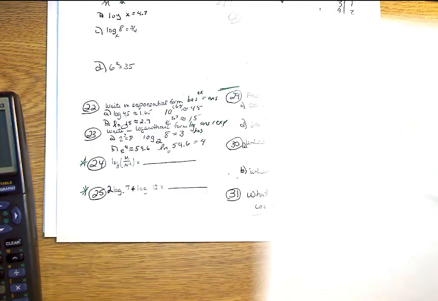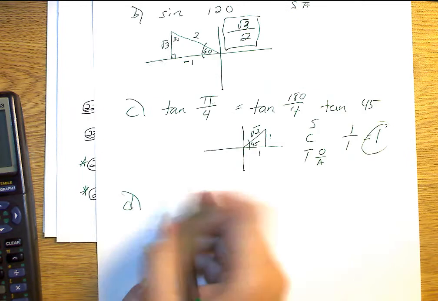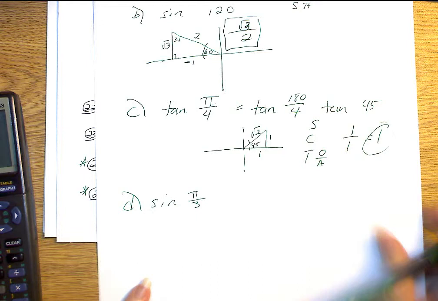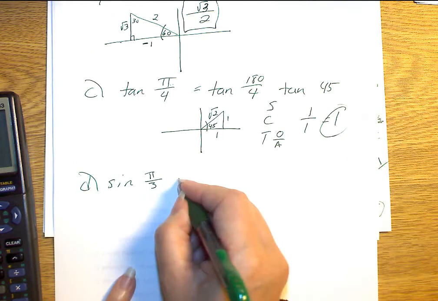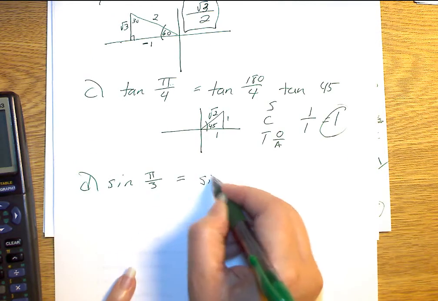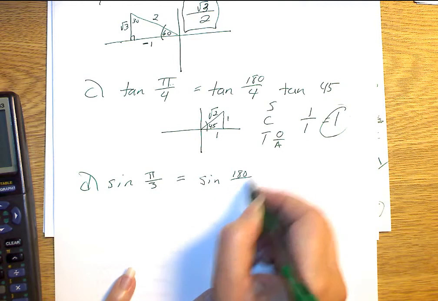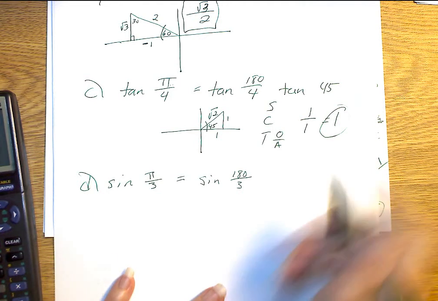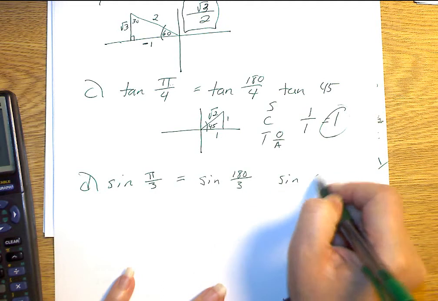We have here sine of pi over 3. So you have sine of pi over 3, so you go sine of 180 over 3. It's a 60, so sine of 60.